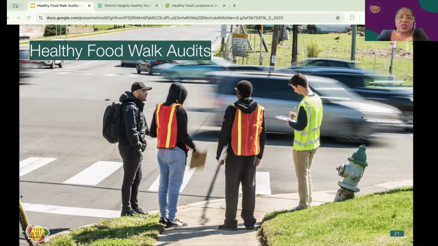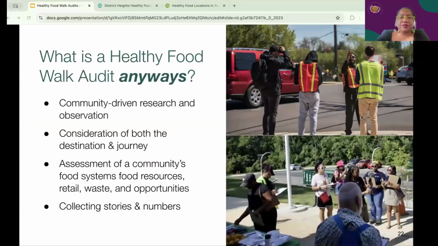And then using this as a tool to allow them to be able to make recommendations to their elected officials and decision makers. And so we've done this process with a variety of different groups, including youth groups who conduct these healthy food walk audits to collect information about sidewalk conditions, air quality, transportation options as well.